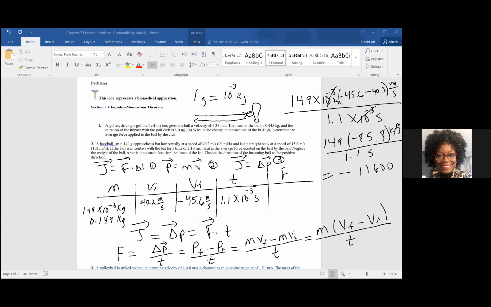So the numbers that trail need to be 0. They cannot be significant numbers. Or we can write this as 1.16 times 10 to the 4, then kilogram meter per second squared. And of course, that is a Newton. So that gives us the force. Okay, so that's how those types of problems are solved.